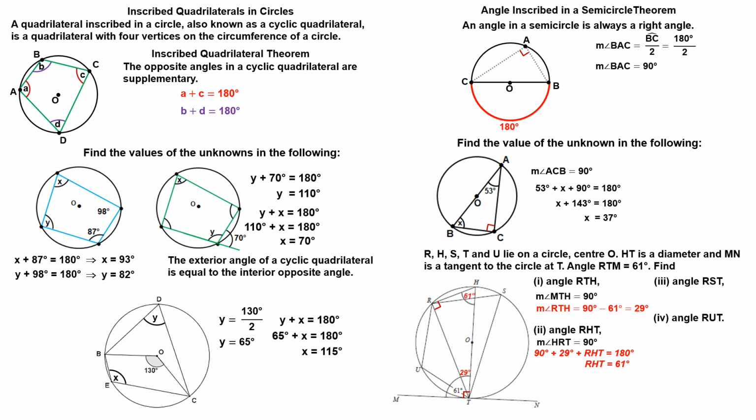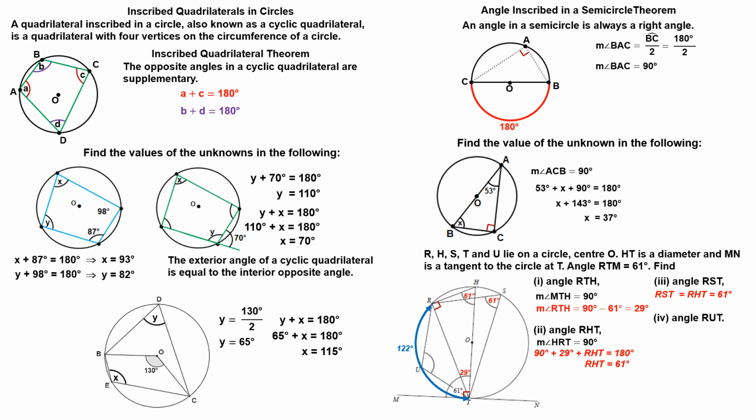The angles RST and RHT intercept the same arc, and if two inscribed angles of a circle intercept the same arc, then the angles are congruent. The arc RUT is 122 degrees.